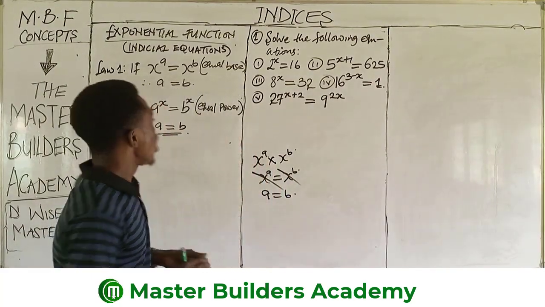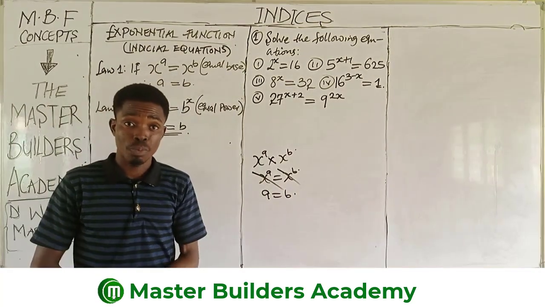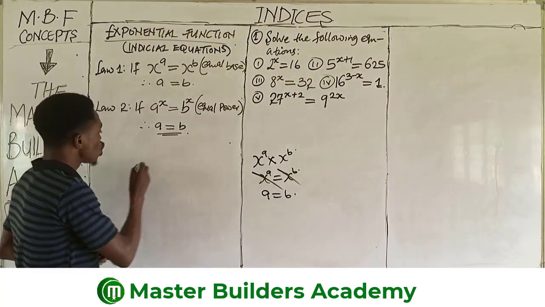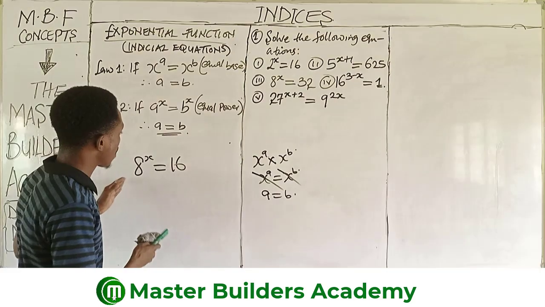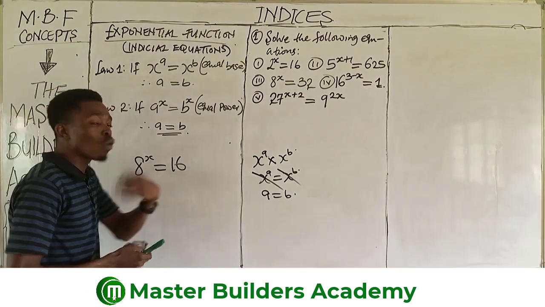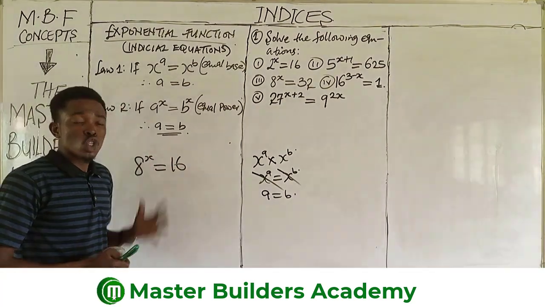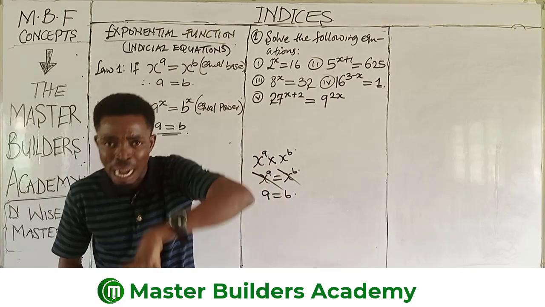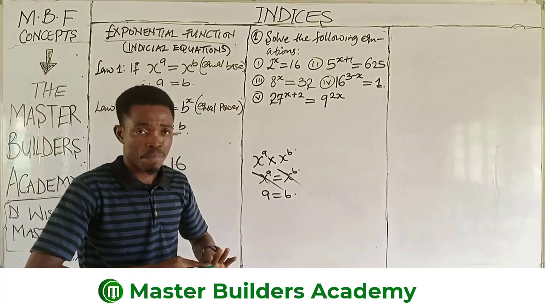Now, get it clear. I want to quickly give you the conditions under which you use law 1 and law 2. When you have numbers as the base, for instance, I must ensure that I make the base equal, because the unknown is at the power. So when the unknown appears as a power, you find a way to make the base equal.